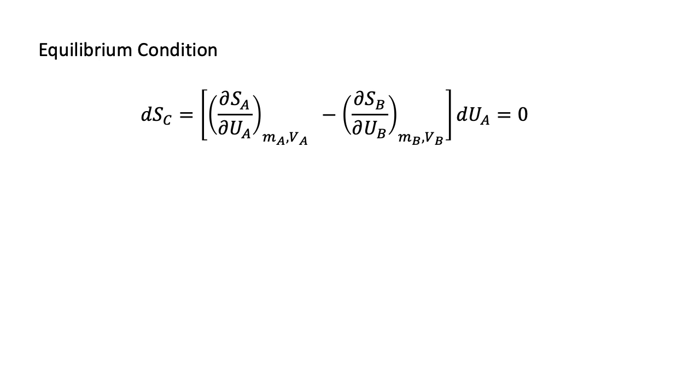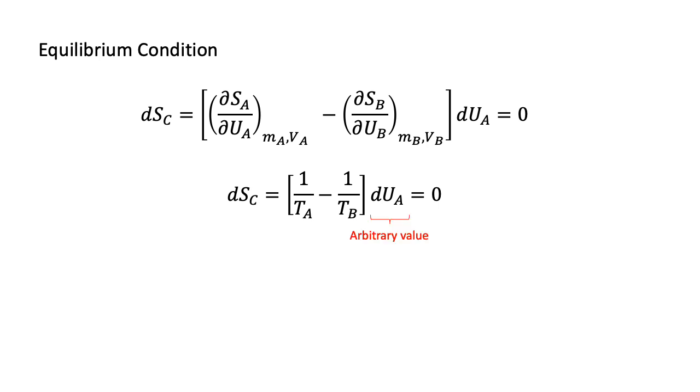If we look at the equilibrium condition, for these two partial derivatives we can substitute 1 upon TA and 1 upon TB respectively. So dSC would be (1 upon TA minus 1 upon TB) times dUA, equal to 0.